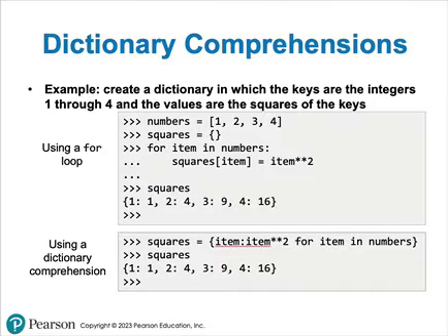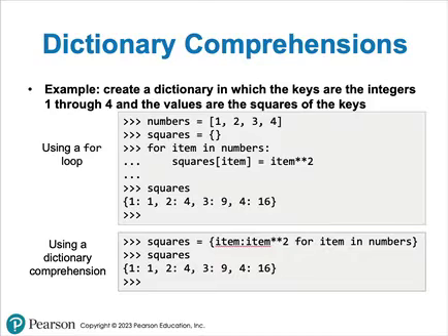So we have keys, and the resulting value is going to be the square of the key. Down here we created a dictionary, and you'll see that at key 1 it has the value 1, at key 2 it has the value 4, etc., which are the squares of the keys.